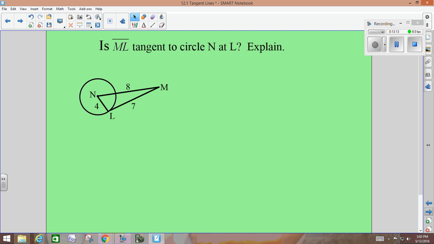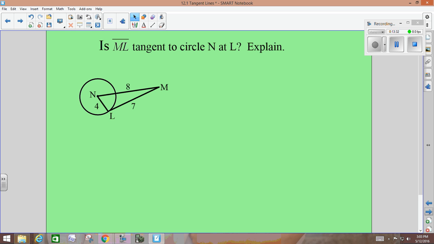Ross, this one is not on your note packet. How would we determine if ML was tangent to circle N? Remember, it's hard to tell on my computer screen because I got to make it big enough. How would we know for sure or not?